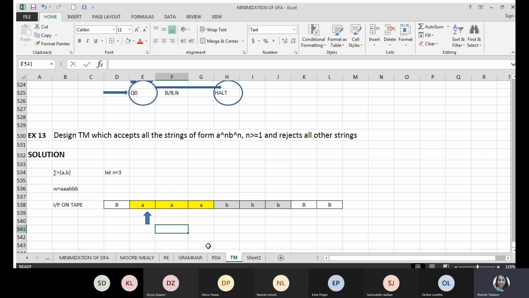So mechanically, if you are supposed to perform the task, can you say that A is the leftmost symbol encountered?